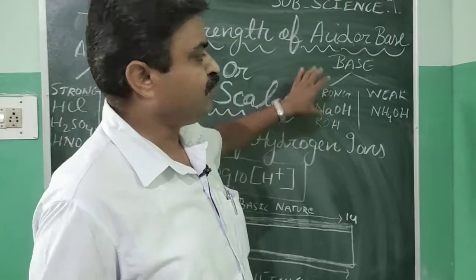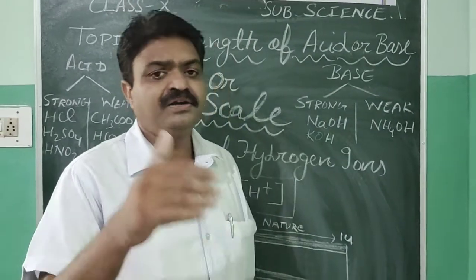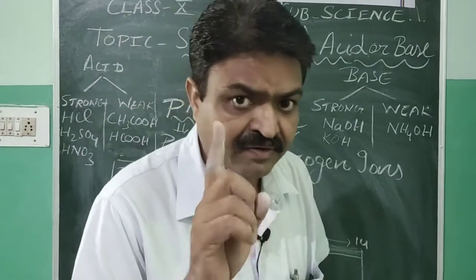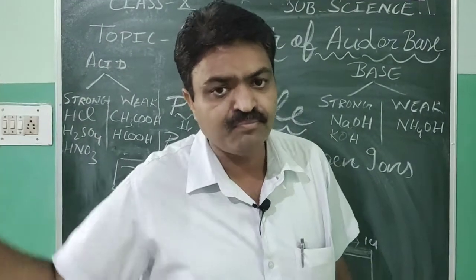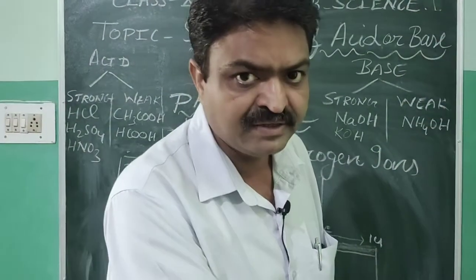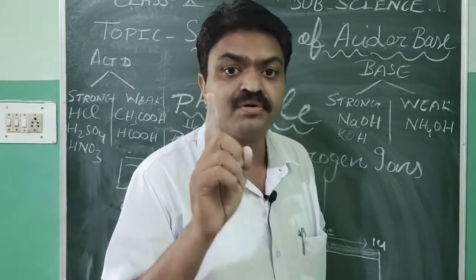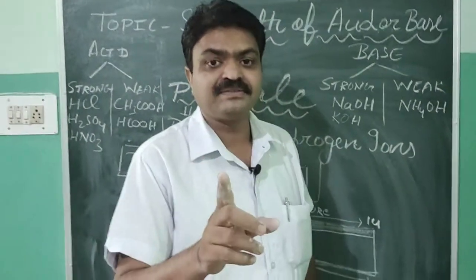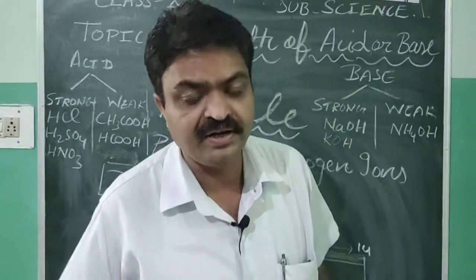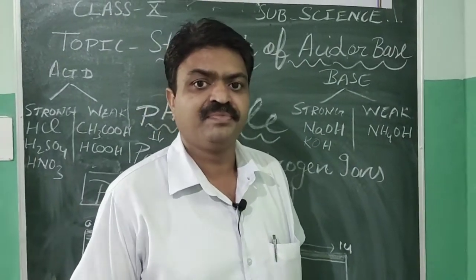Now we come to the bases. When the bases are dissolved in water, what do they release? They release hydroxide ions. If they release more hydroxide ions, it means the base is a strong base. If they release fewer hydroxide ions, it means they are weak bases.